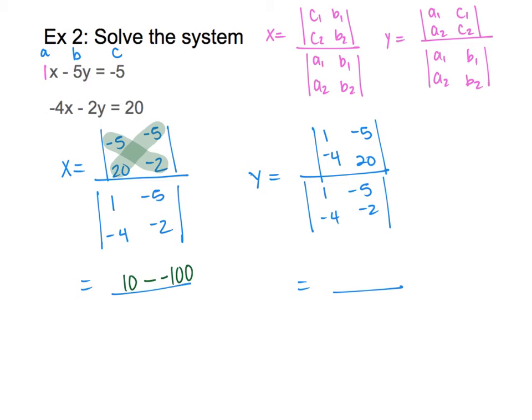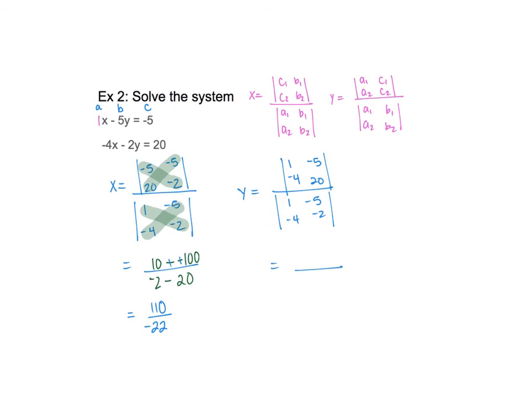And this is going to be over 1 times negative 2, which is negative 2, minus, well, in this case, negative 5 times negative 4 is positive 20. So this turns out to be 2 negatives make a positive, so this is 110 when I add. And the bottom here is negative 22.